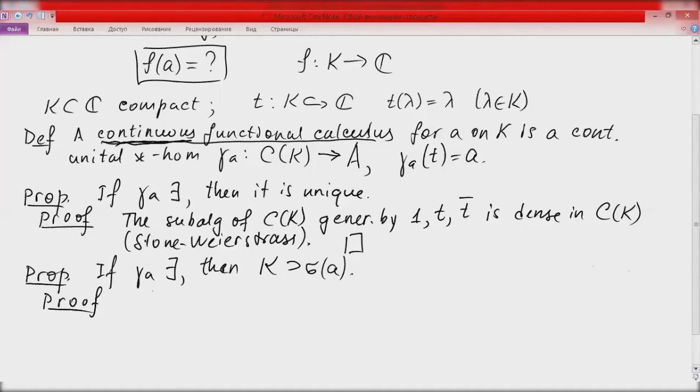Indeed, suppose that gamma_a exists. So sigma of a is sigma of gamma of t. But gamma is a unital homomorphism, and a unital homomorphism doesn't increase the spectrum. So this is contained in the spectrum of t in the algebra C(K).